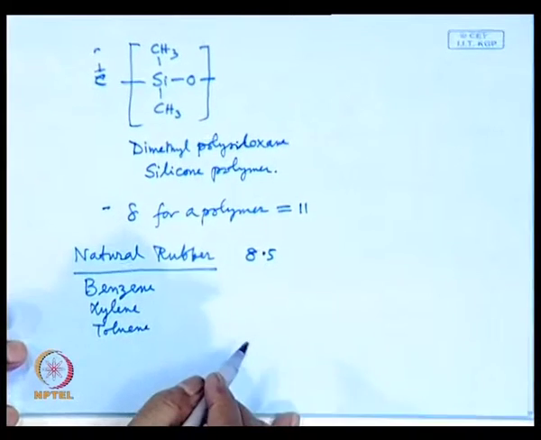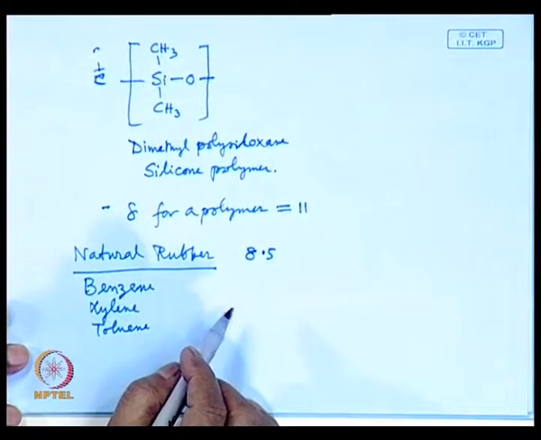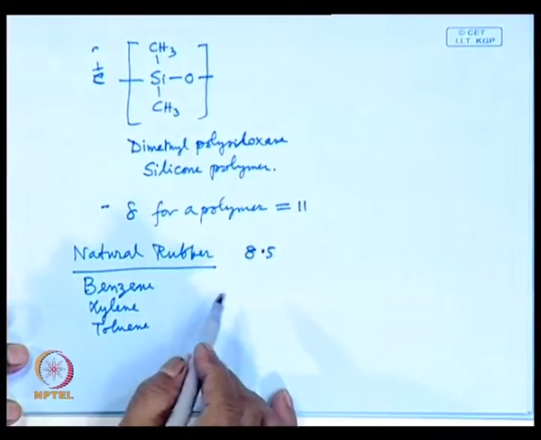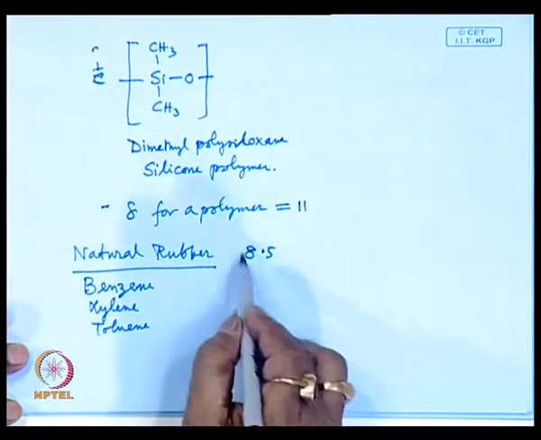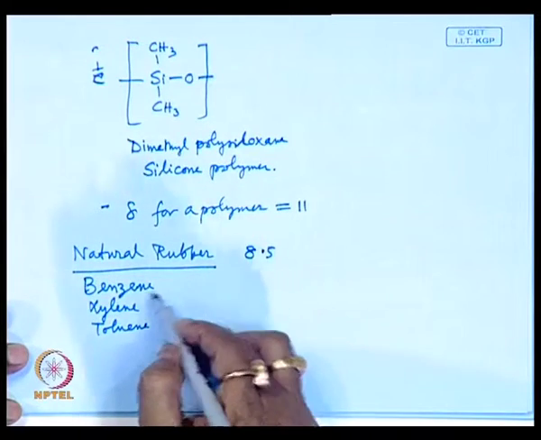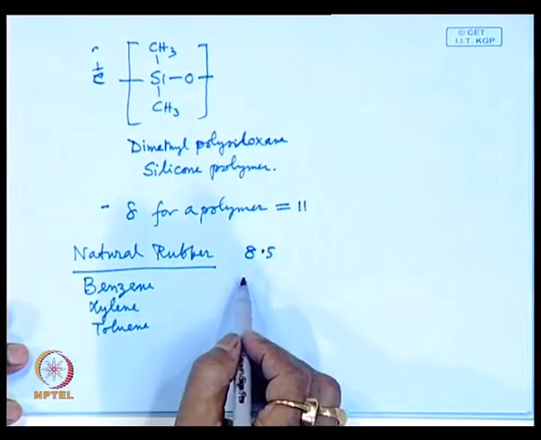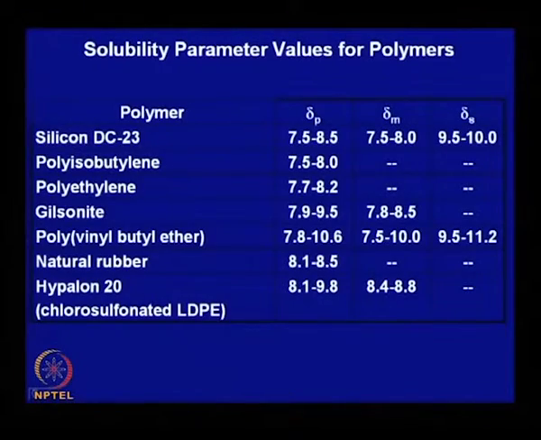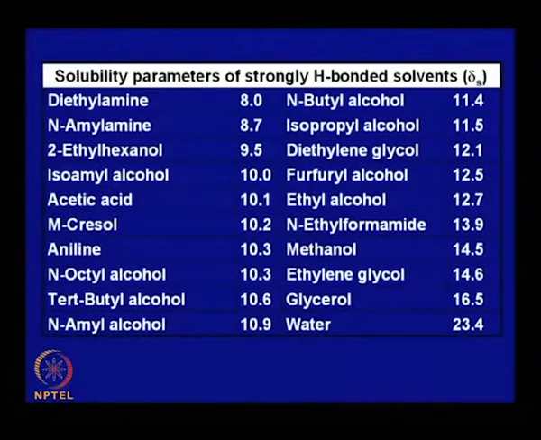These are hydrocarbon solvents. Decalin, tetralin, these are also good solvents for natural rubber. So, if you put natural rubber in benzene, it will go into solution.